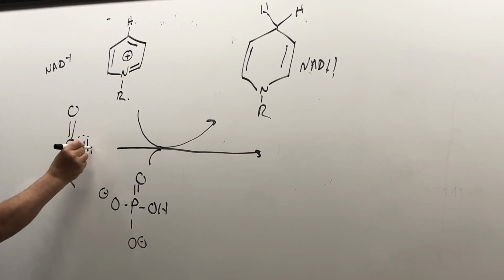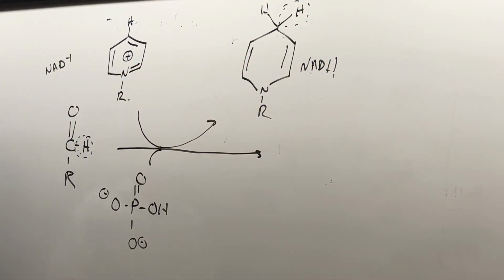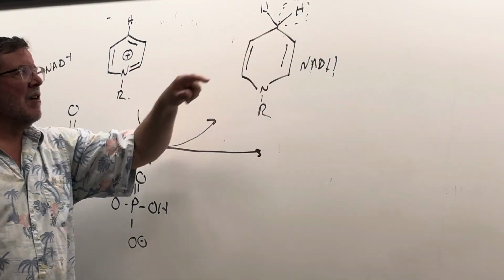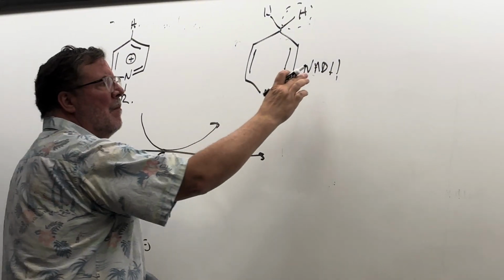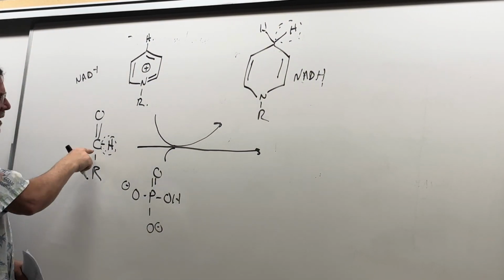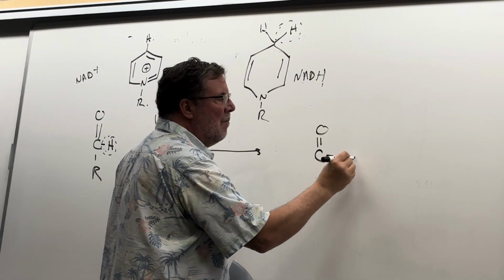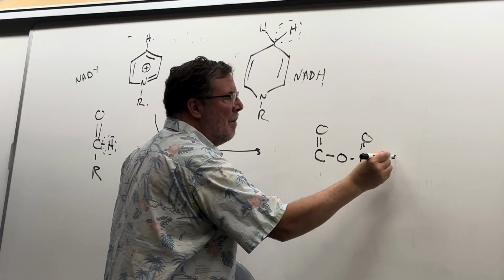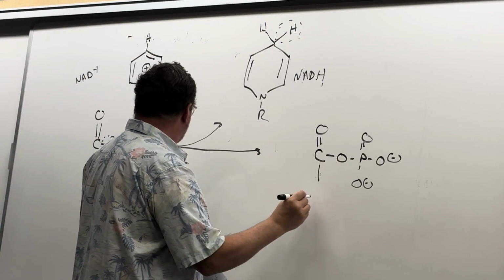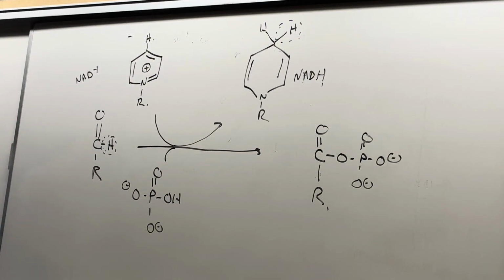Basically that hydrogen, with those 2 electrons, ended up going over there. We transferred the electrons from this carbon over here, and then we end up bringing in the phosphate like so.